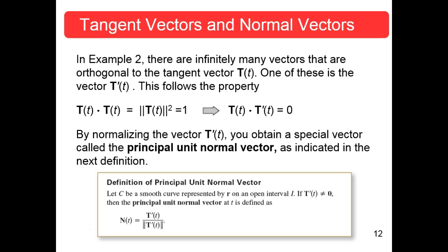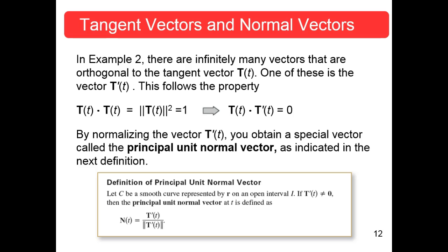If T prime of t is not equal to 0, in other words, the derivative of the unit tangent vector is not equal to 0, sorry, I misspoke at first, then the principal unit normal vector is defined as this, T prime over magnitude of T prime.